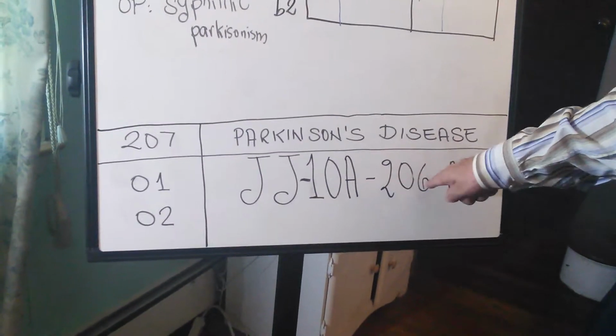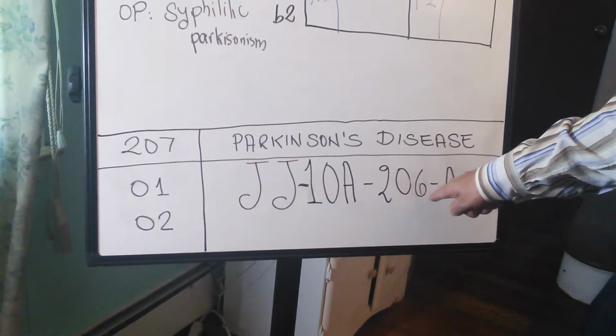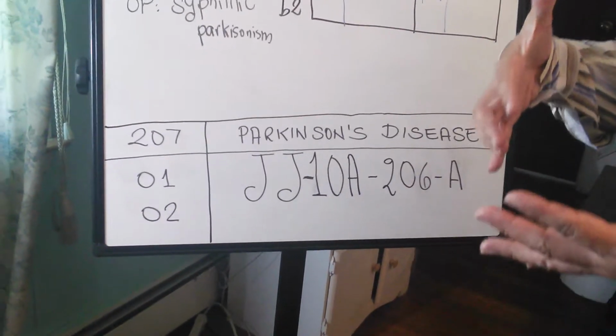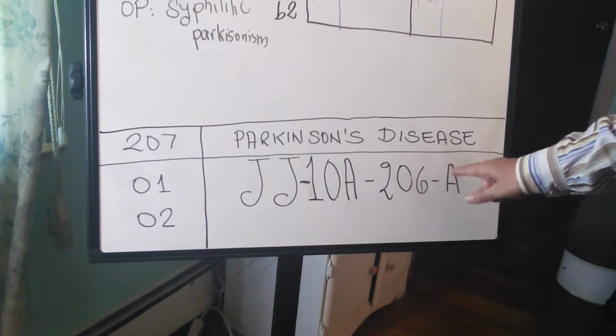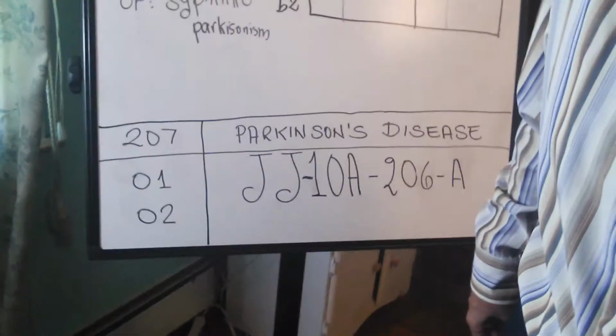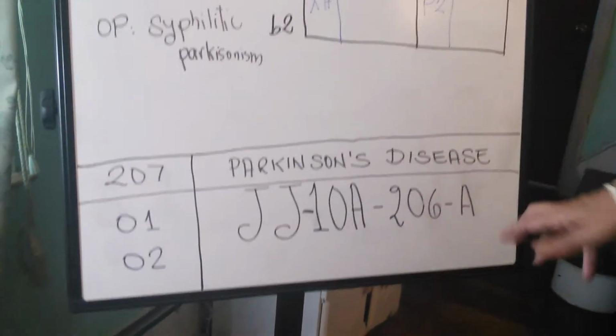And the page is 206 because the theory is on page 206, and there are several parts on this page. So that's why we're calling this the A part. The B part is the Alzheimer's disease, and the C part is the epilepsy, right? Okay, so we're doing the first part, or the A part, which is the Parkinson's disease.